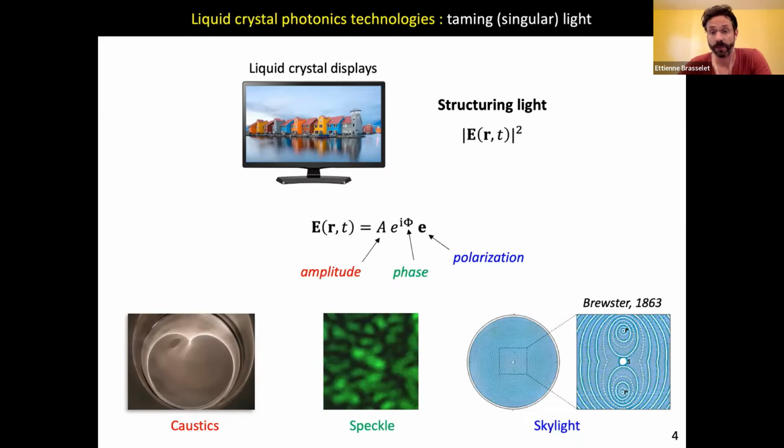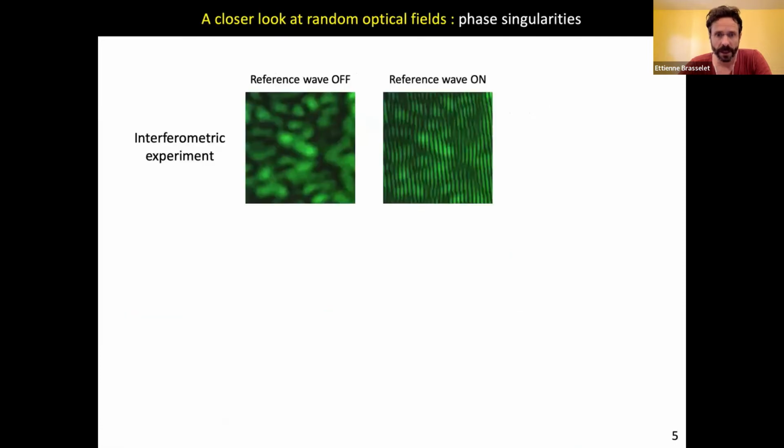Take a laser, take a rock surface, observe this granular speckle reflection, and then you get this structure. And this structure actually is the one I will continue to talk about, because it is associated with the phase structuring, with the phase topological events that I present here in a very simple experiment.